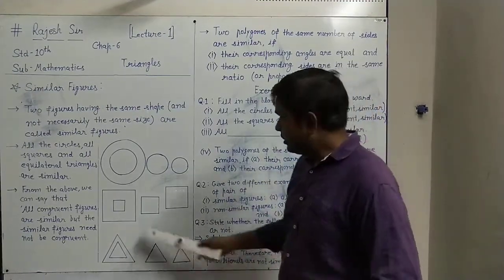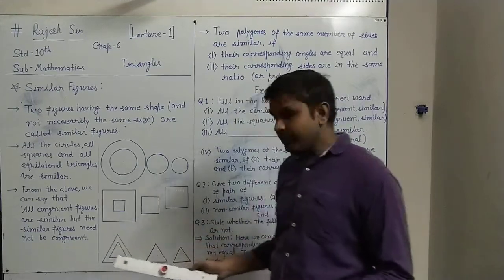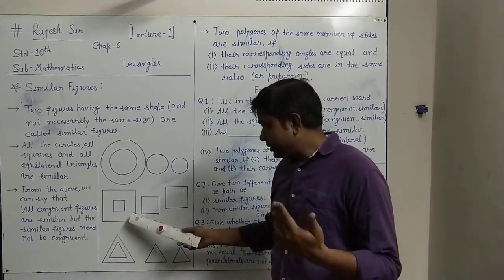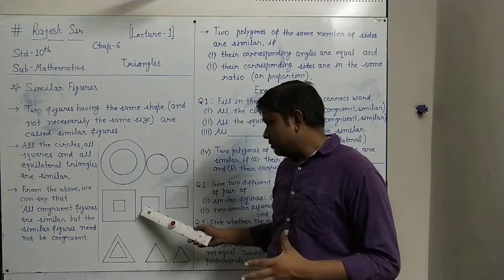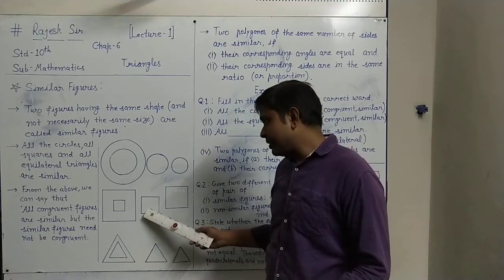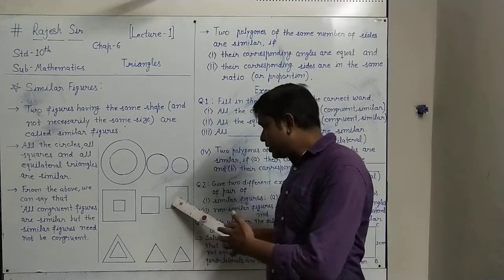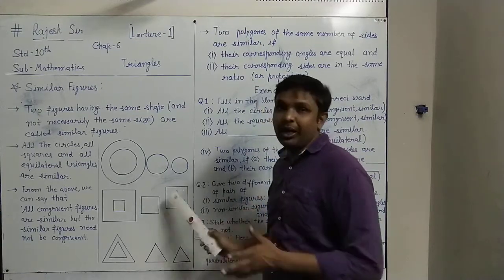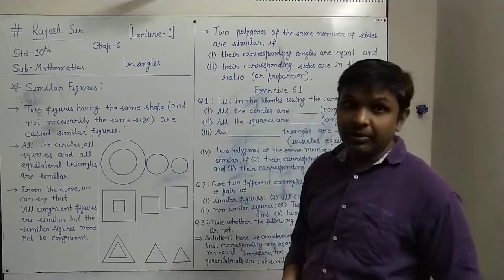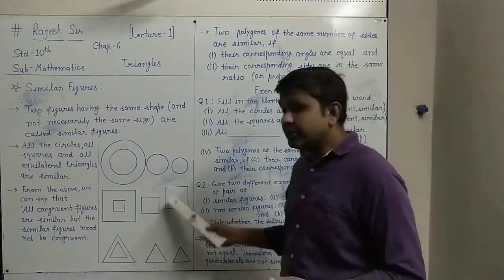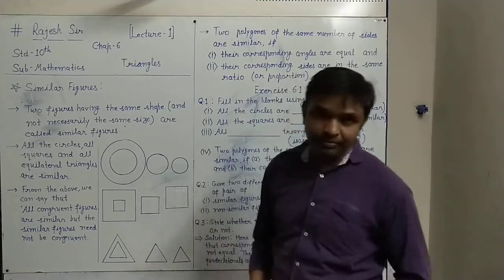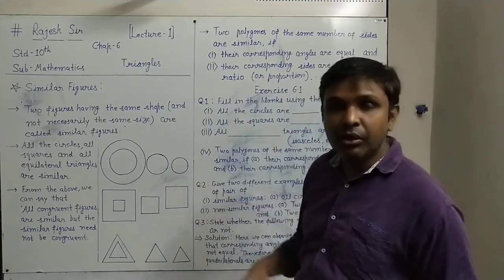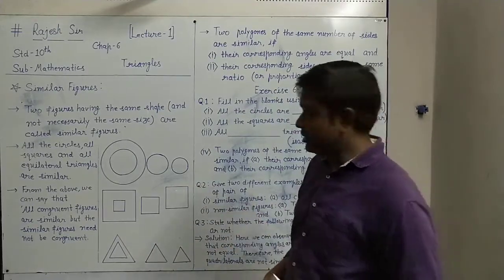Here we have drawn squares of different sizes: a small square, a big square, a medium-sized square, and a bigger square. All these squares have the same shape, they are squares, but the sizes are different. So all the squares are also called similar figures.